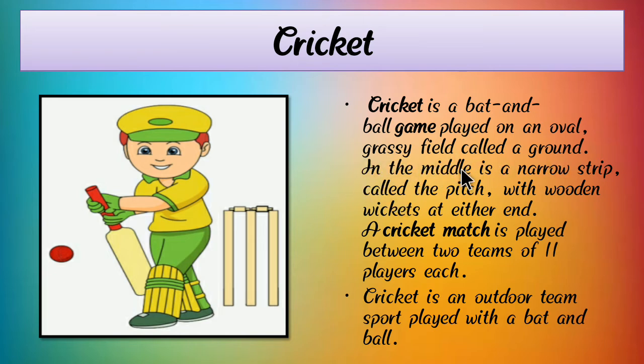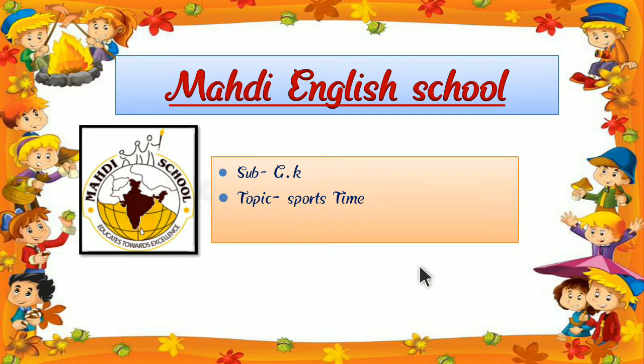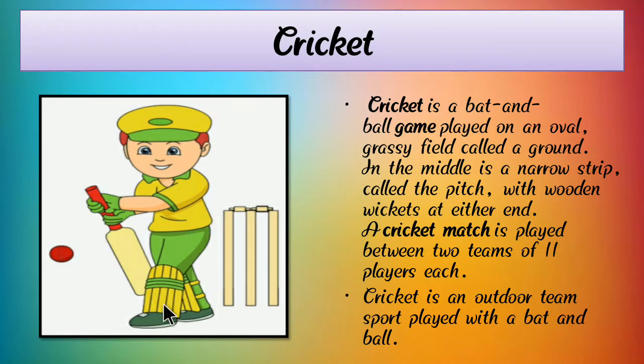In the middle is a narrow strip called the pitch, with wooden wickets at either end. Here we can see a wooden stick called a stump.